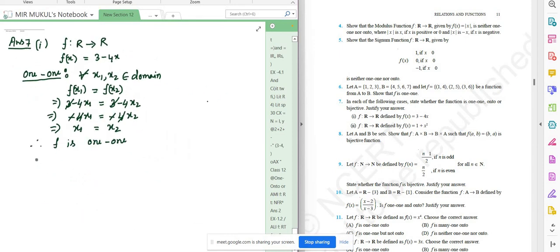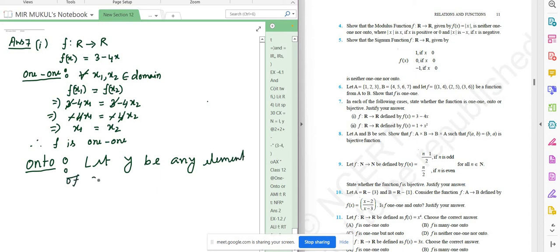Yes, sir. Now check onto. In this type of questions, let y be any element of codomain. Now if we get the pre-image of y, then we can say that range equals codomain.